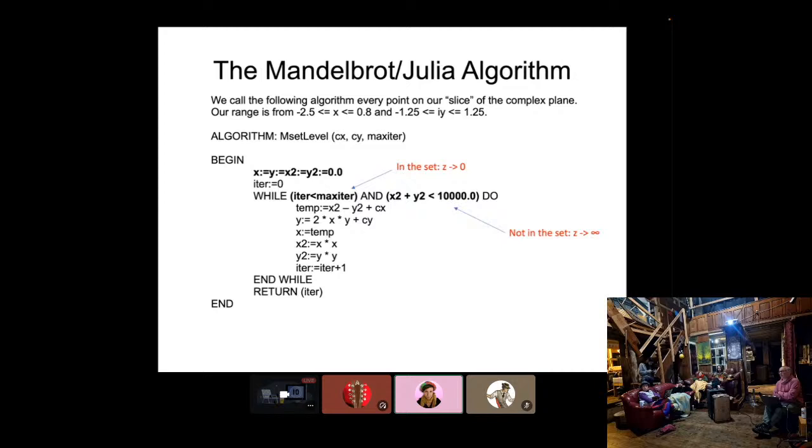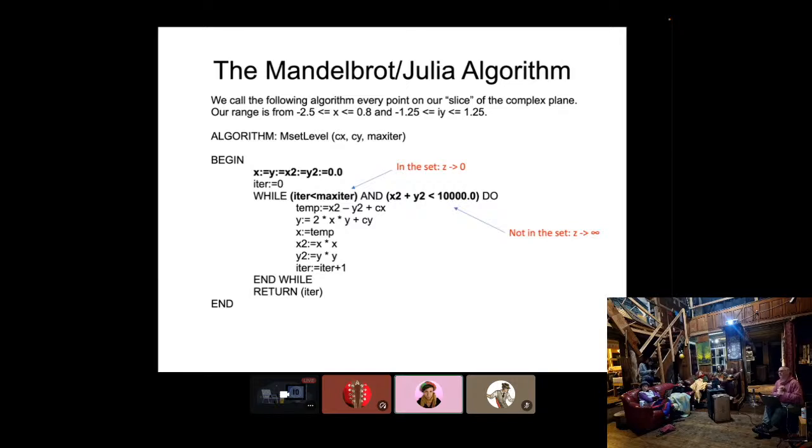They're just represented by x2 and y2. It's quite common in writing maths computer programs to do that. They're all set to 0 at the beginning, and then we have two conditions in the while loop. The first is our maximum number of iterations: how long are we going to keep putting z in the equation before we get fed up and say we've done this enough times and it hasn't gone to infinity.